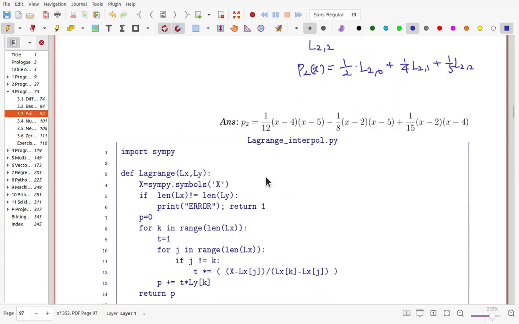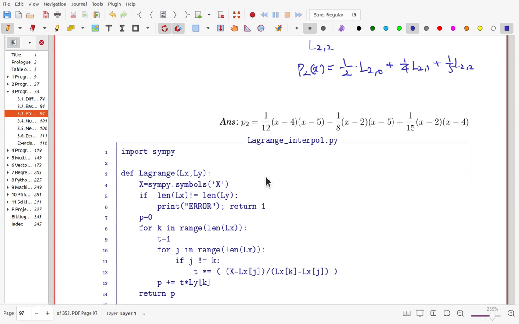Now, for that Lagrange interpolating polynomial, we may use a computer program, and you can use MATLAB. However, MATLAB is originally developed for vector and matrix simulation. You can do some symbolic computation, but it's not so flexible yet.